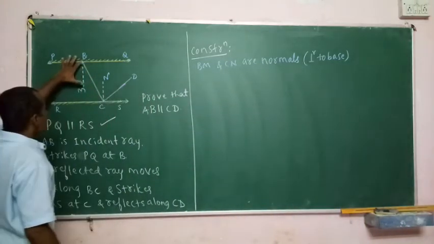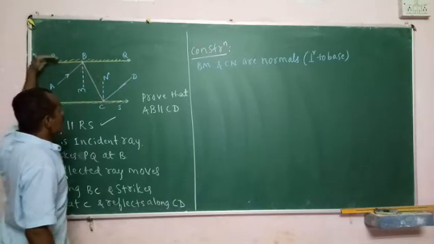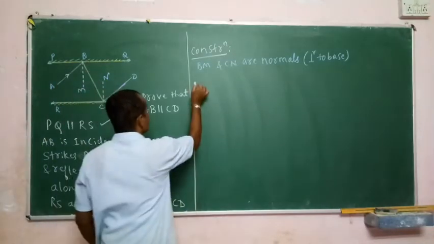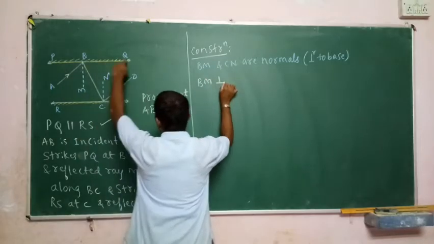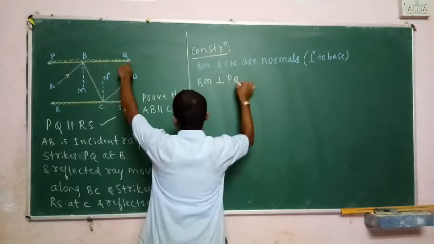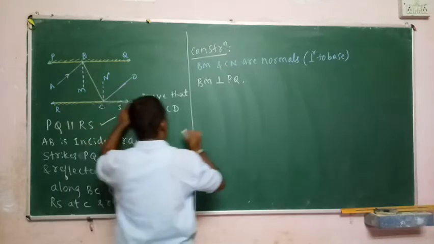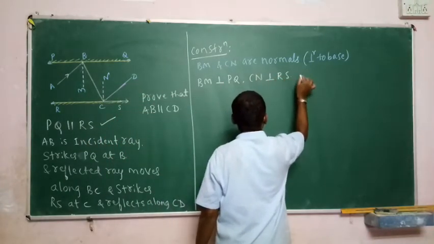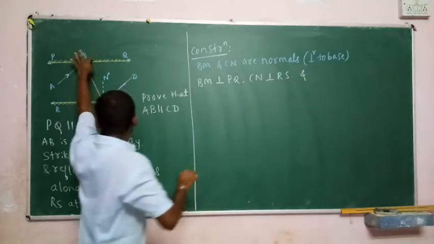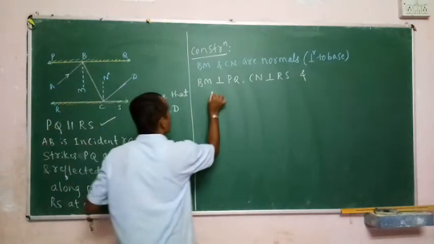Now, these are the perpendiculars to the parallel lines. BM is perpendicular to PQ. CN is perpendicular to RS. And PQ is parallel to RS.